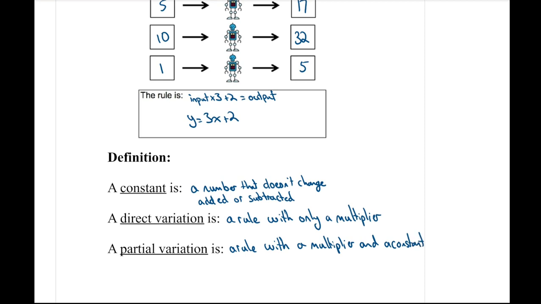So you might see these terms as a simple rule and a complex rule. So simple is direct variation. There's only a multiplier. Again, they're the easier ones. And then partial variation means there's a multiplier and a constant, so we would call that complex.